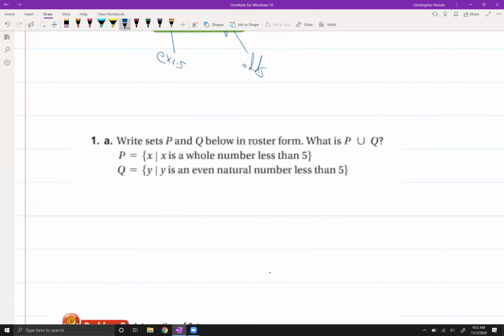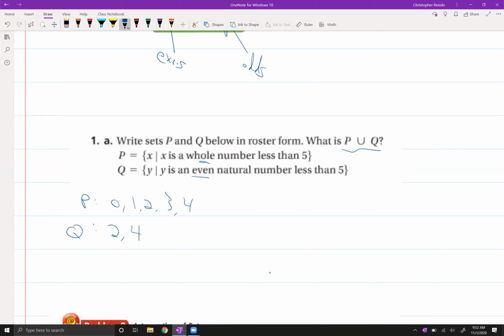All right, so in a union of P and Q, X is whole numbers less than 5. Remember whole numbers. So P is made up of 0, 1, 2, 3, 4, less than 5. It doesn't say less than or equal to. Q, even natural numbers. My first natural number would be 1, but here it's going to be 2 because you're talking about evens, 4, and they have to be less than 5.